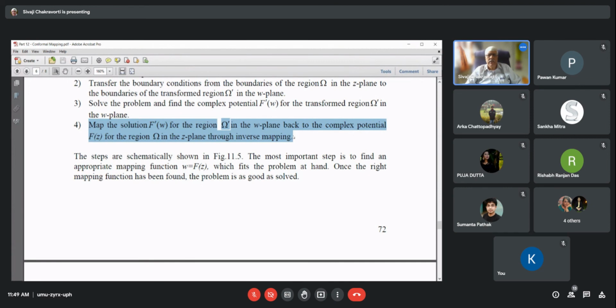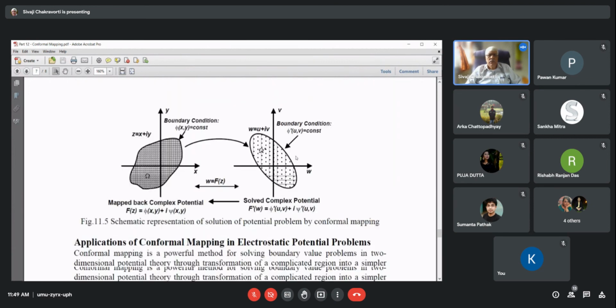and get the solution on the z plane, where the z plane is our real-life plane. So it looks like this: first I have a shape here, the region that I was considering on the z plane, and then this has been mapped onto the W plane. On the right side, of course, the shape is now different, but this complex shape on the Z plane is now a well-known shape on the W plane. Let's say it's an elliptic shape.